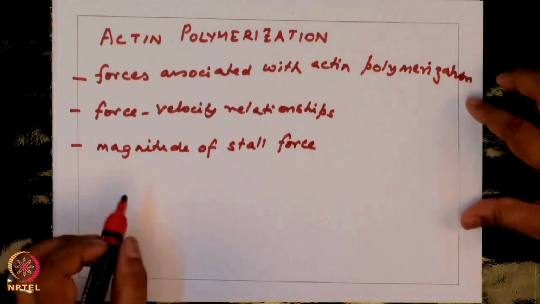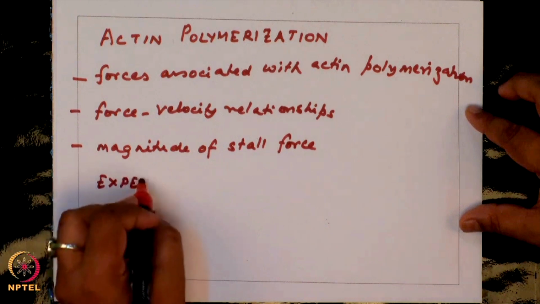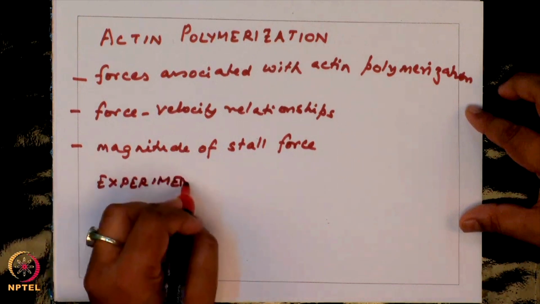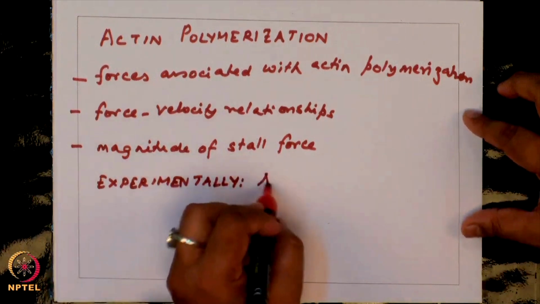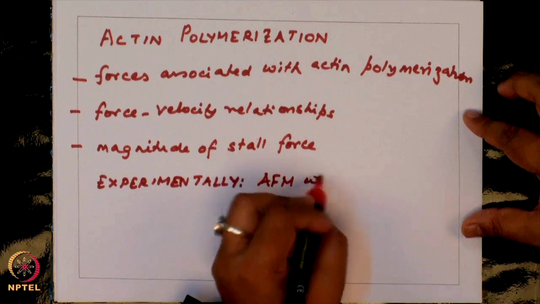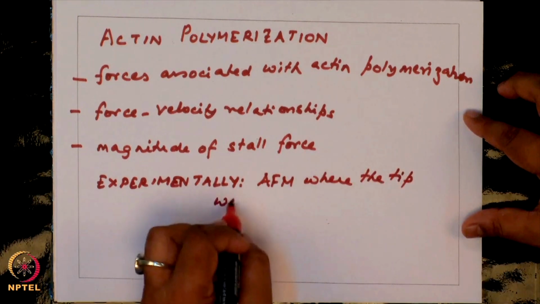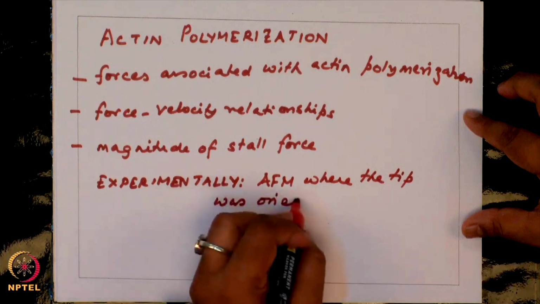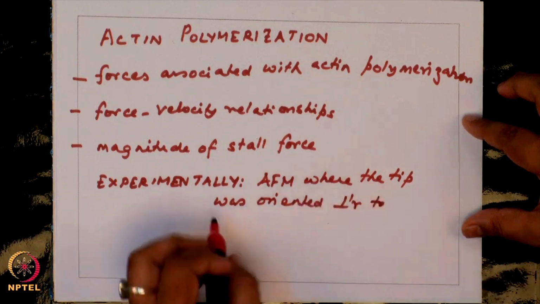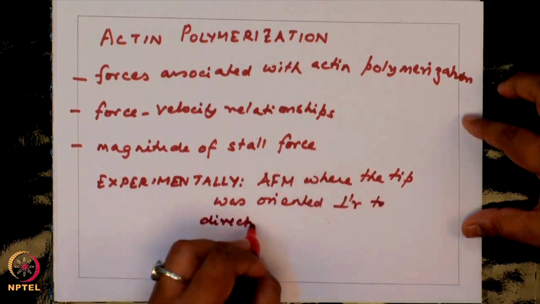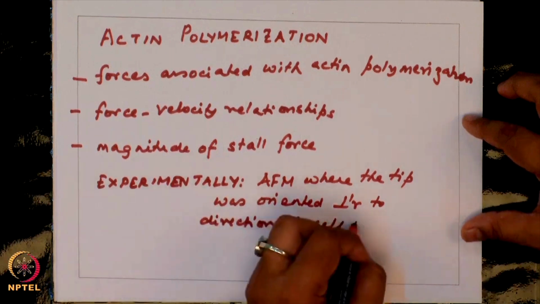Okay. So, for calculating stall force experimentally, I had given an example where we used an AFM, where the probe, the tip, was oriented perpendicular to the direction of cell movement.